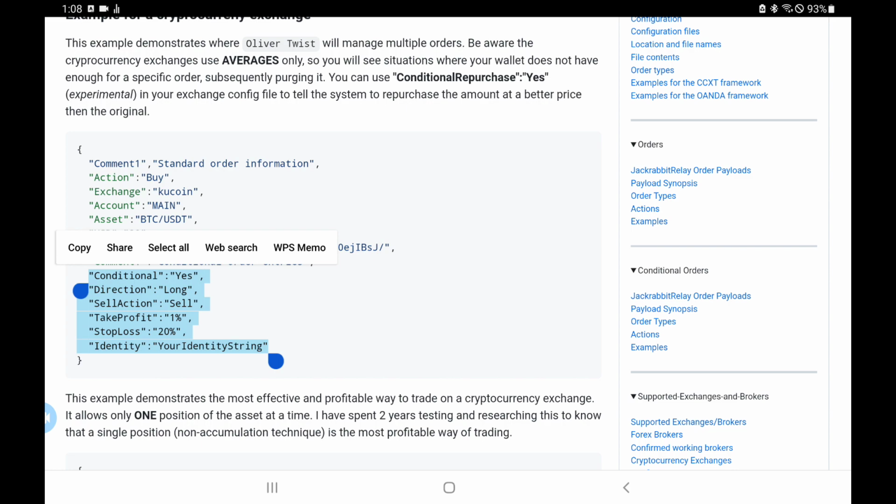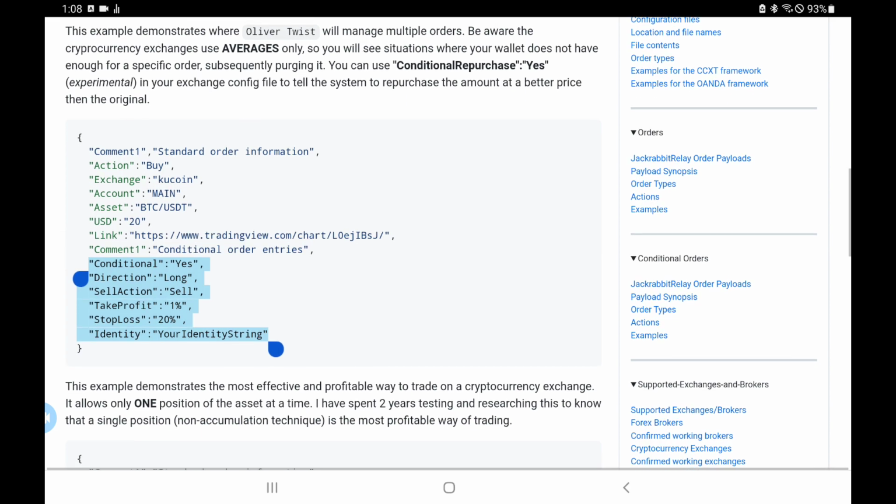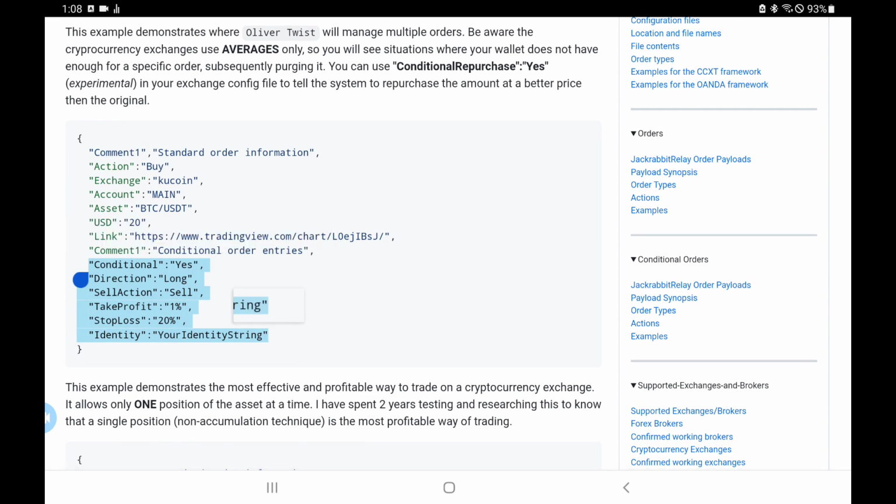And then you have your take profit of 1%, where it will get the actual price from the exchange and determine a 1% take profit. Here I am using a 20% stop loss, so that if the market goes down 20% for that position, it gets out of the order. Of course, the identity is required throughout Relay no matter what.